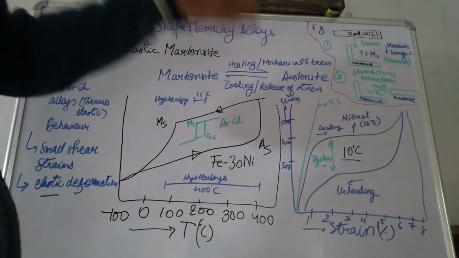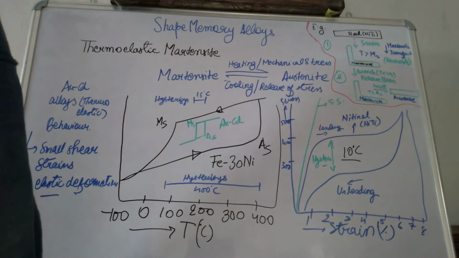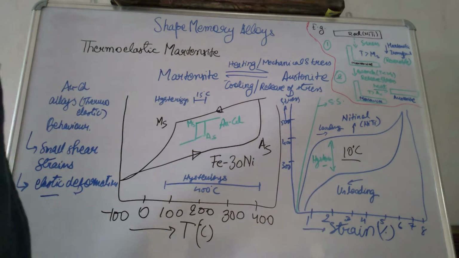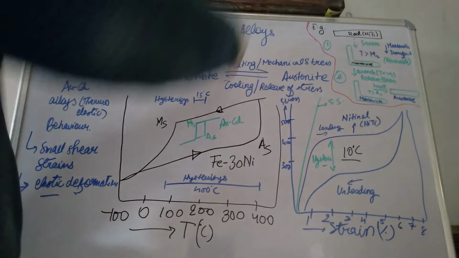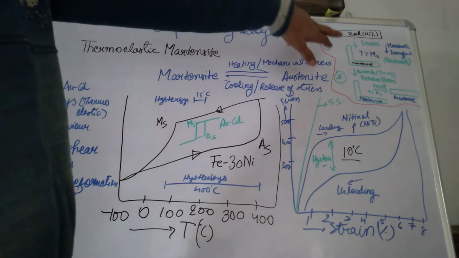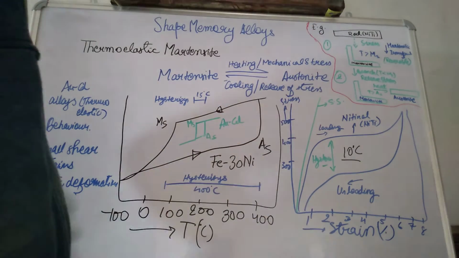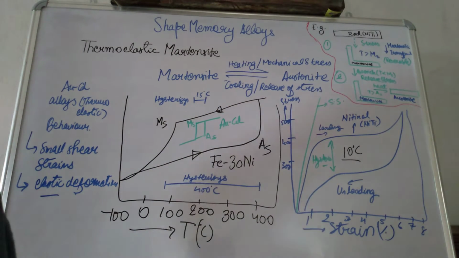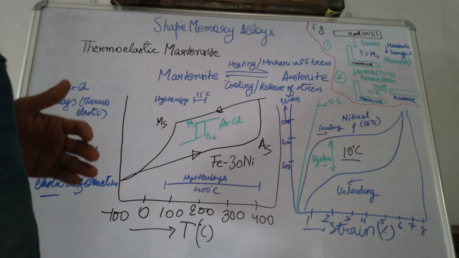To give an example of how this alloy can be used in a real application, let us consider a rod of NiTi, and let us bend this rod into an L shape on application of stress above the martensitic transformation temperature.